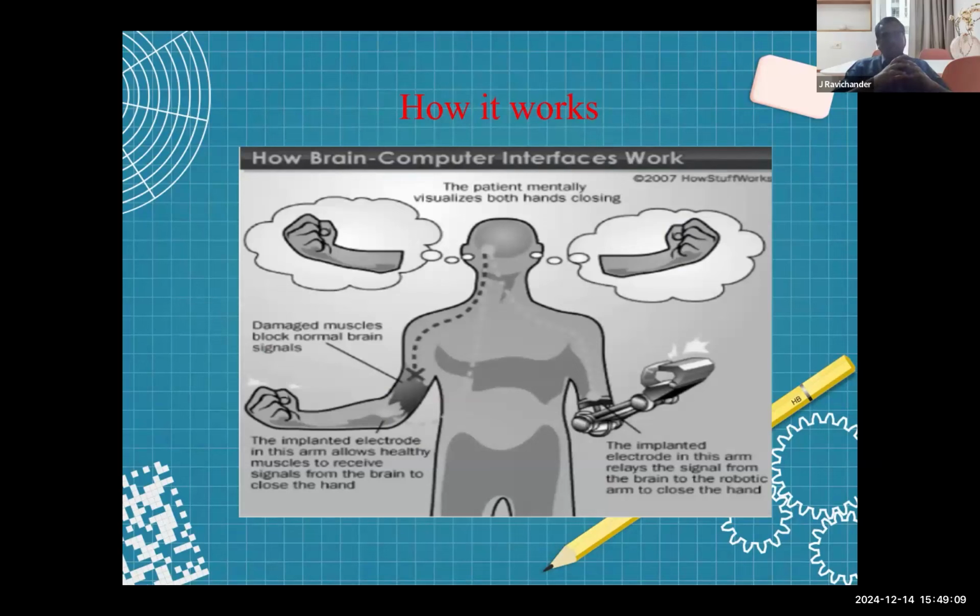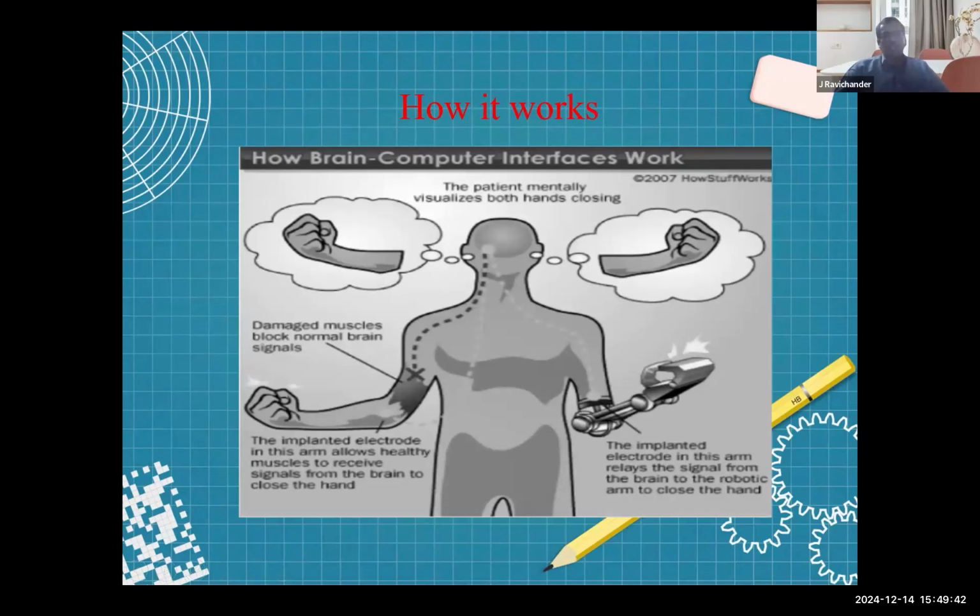For example, one particular person is sitting in front of the computer, unable to move his hand or leg. What he will think is, okay, I'm moving my leg like this, or I'm moving my left hand. The patient mentally visualizes both hands closing.